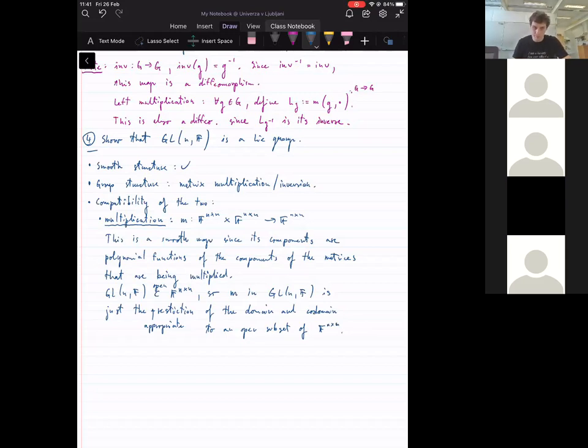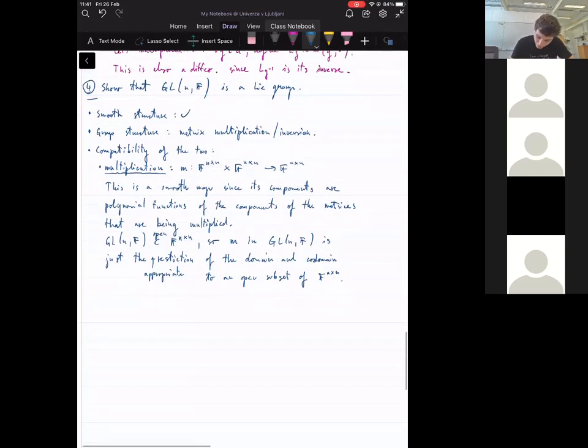Okay, so this is a whole lot of words to say barely anything. Now finally for the inversion. Why is inversion smooth now?